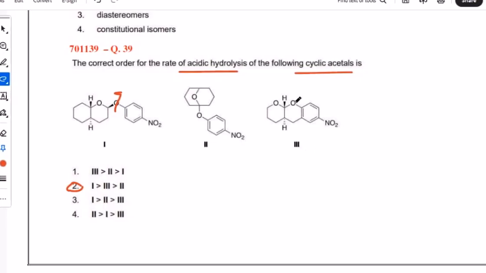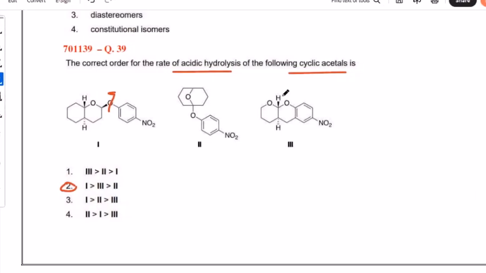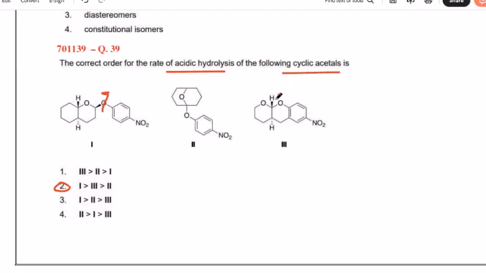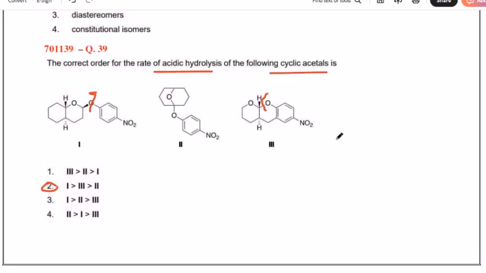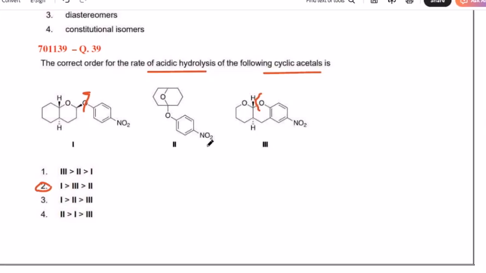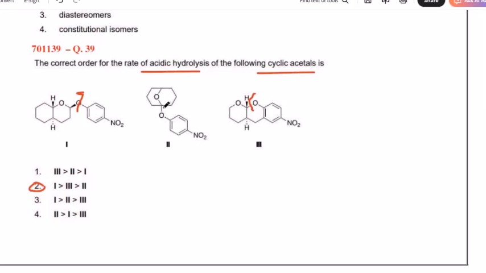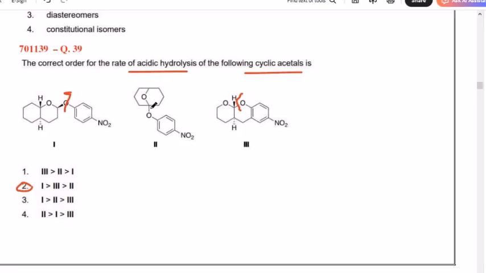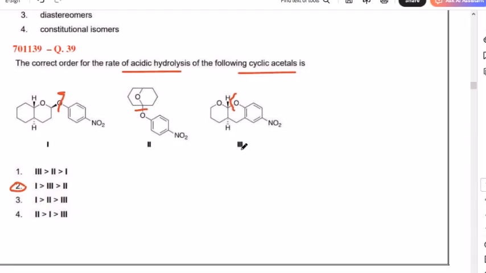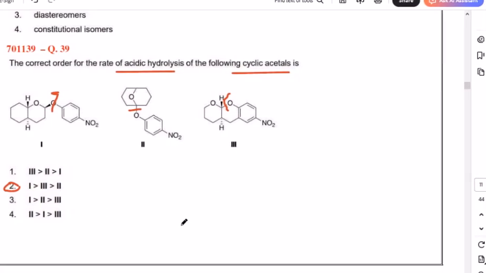Here also it is going to form paranitrophenol on acid hydrolysis. So paranitrophenol here also, but it is in cyclic form, so 2 is less reactive than 3. So option number 2 is the correct option, friends.